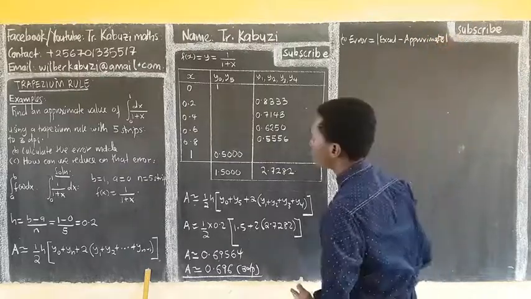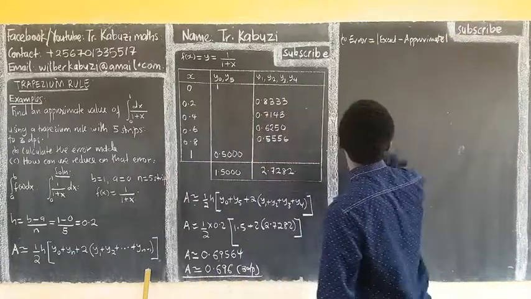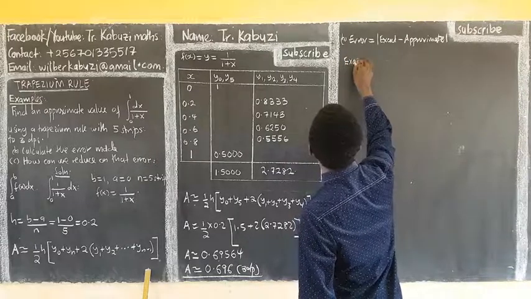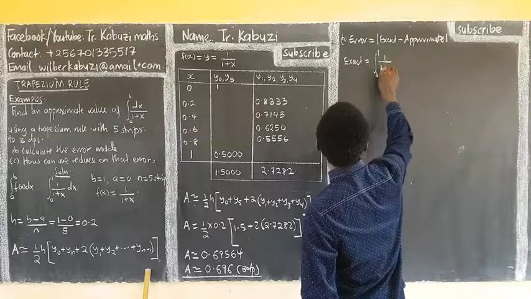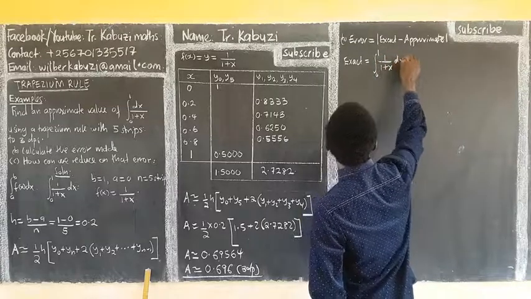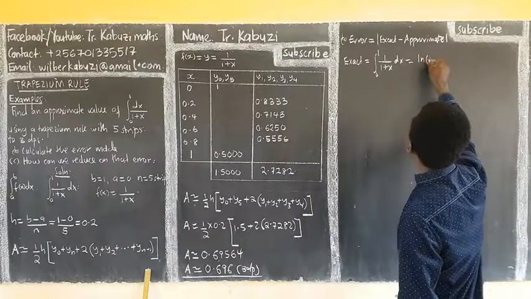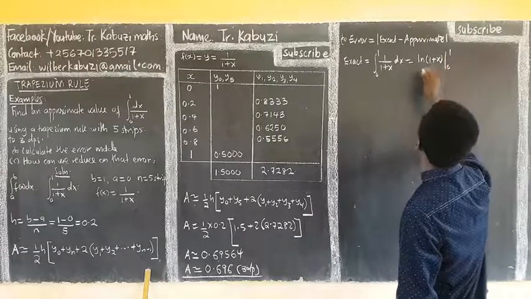So now we come to our exact. Our exact value is found when we evaluate this integral. So our exact value will be the integral from 0 to 1 of 1 over 1 plus x dx. When you integrate this, you get natural log of 1 plus x from 0 to 1.